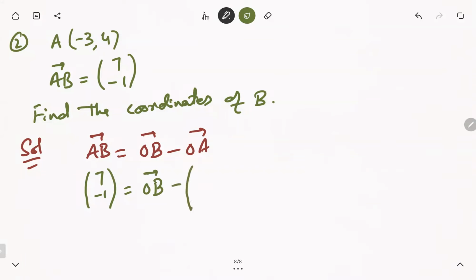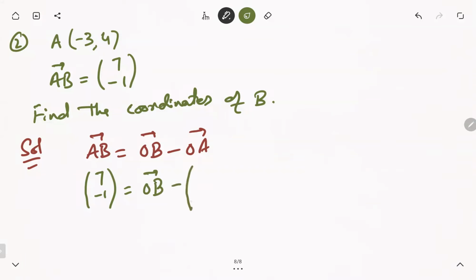If you want OB, since (-3, 4) is being subtracted, just add this on the other side. So (7, -1) plus (-3, 4). So 7 minus 3 is 4, minus 1 plus 4 is 3.